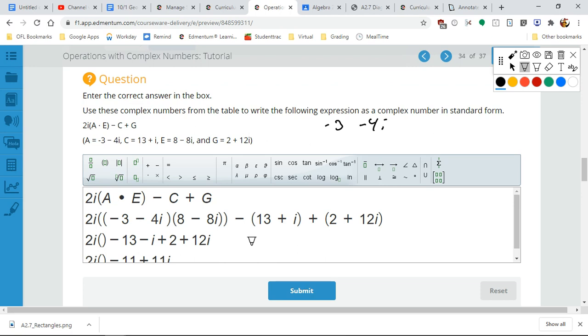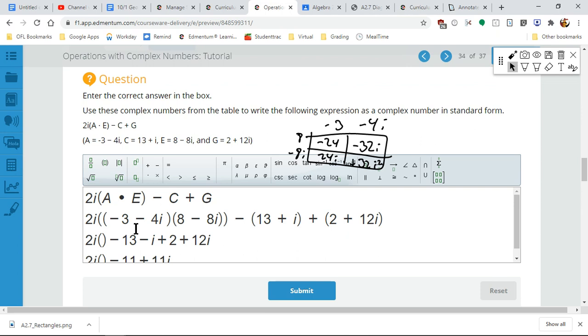Negative 3 for I. This is negative 8I. Oh, this makes it easy because it's 8 and 8. The only differences are the pluses and minuses. So 8 times 3 is negative 24. This is positive 24I. This one's going to be negative 32I. This one's going to be positive 32I squared, which ends up making it negative 32.